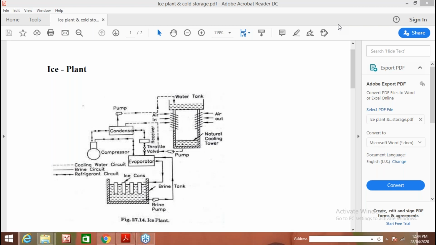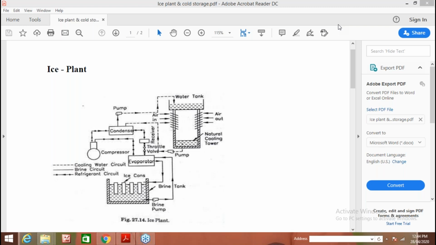Why? Because ammonia has excellent thermal properties, and ammonia is cheaper than F12. What is the impact of cost?